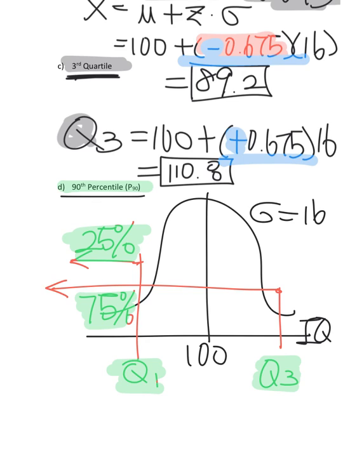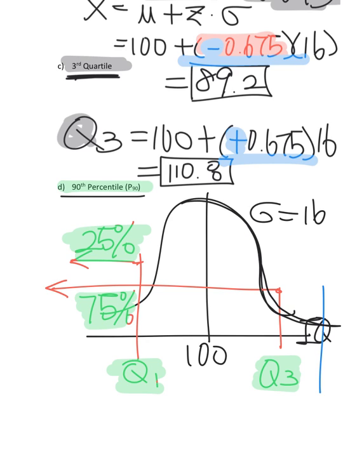Then now, where do you expect the 90th percentile? Is it bigger than Q3 or smaller than Q1? It must be bigger than Q3, because the curve is getting down.